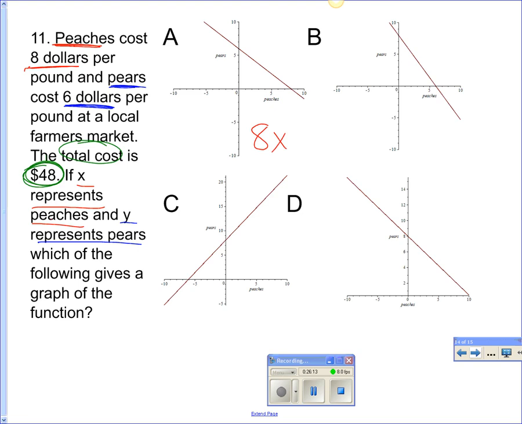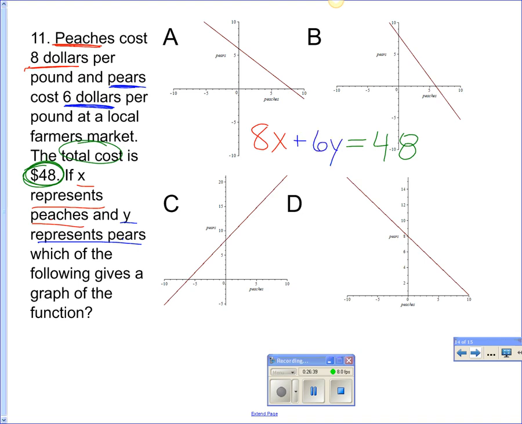Okay? Now, what other piece of information? Okay, what do I always do for total? Okay, so I'm going to go ahead and put it equals 48 over here. So I'm doing piece by piece. All right, good, because it's $6 for pears, and pears are Y. So plus 6Y. Okay?